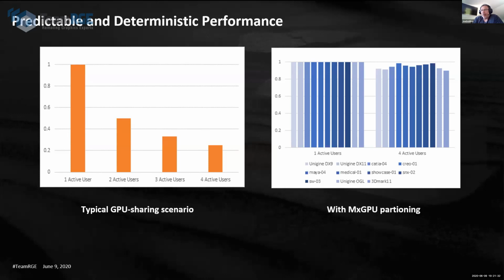But with our MxGPU solution, and these are actually some results we did across various workloads, many of those are from SPECviewperf 13, I believe, and a few others like 3DMark, whether it's one active user or 4 active users, performance effectively stays the same. Now there are some variations, because depending on the workload and those time slices, there are some scenarios with our algorithms that alter it a slight bit. So you are going to have some slight variations, but very much so that's what you're going to see.